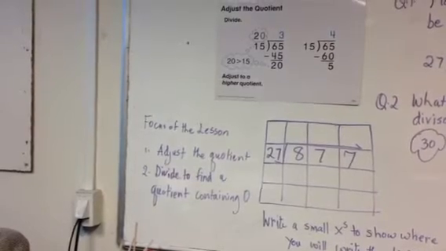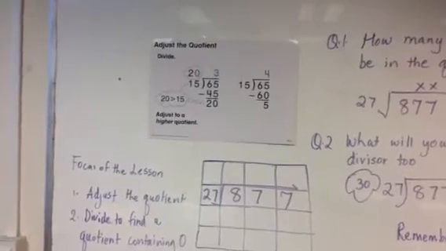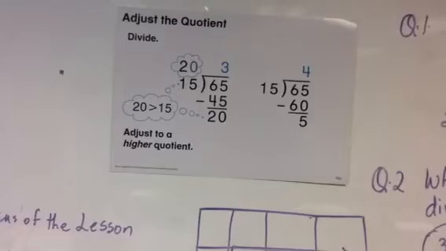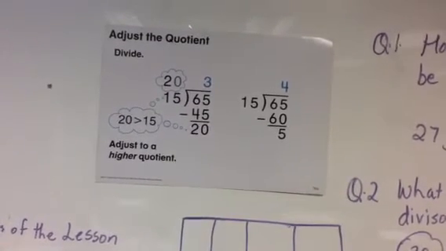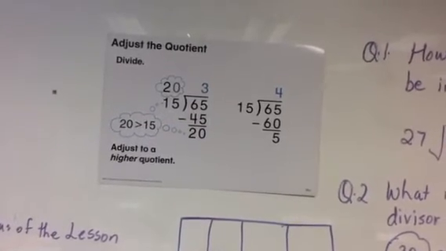So you learned yesterday adjust the quotient. These were the steps that you took. You adjusted the quotient. 15 divides into 65, you rounded it off to 20, the 15. Then how many 2's are there in 6?